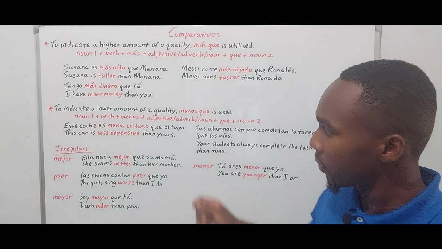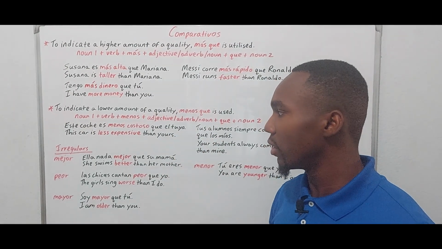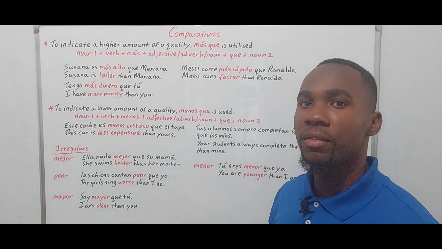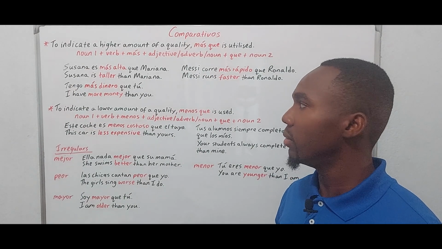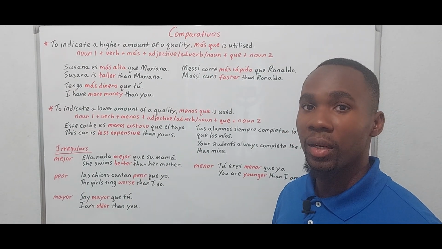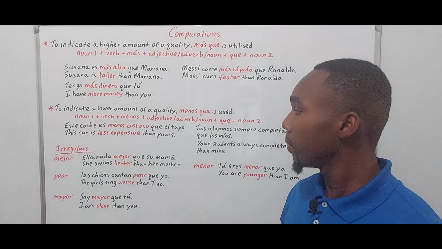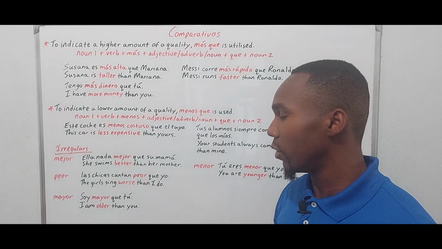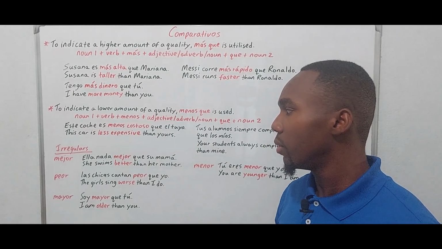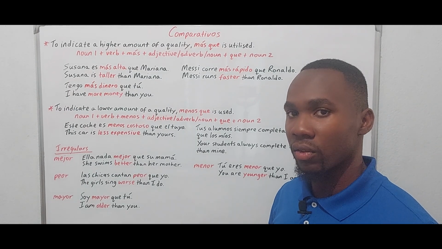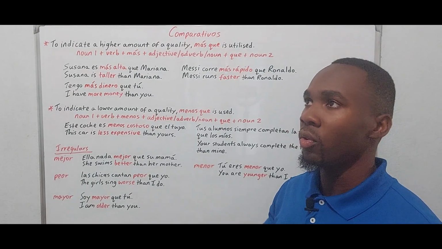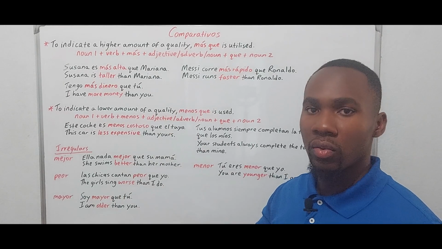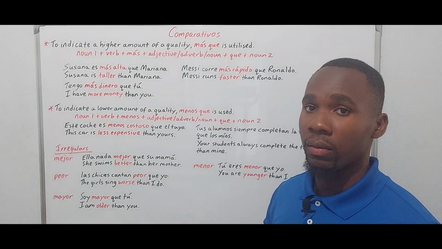Seguimos. Now let's go to the irregulars, because when it comes to Spanish grammar, there are many irregularities, okay? So let's look at them right now. Mejor. Mejor is better, right? So we don't say más bueno or más bien.